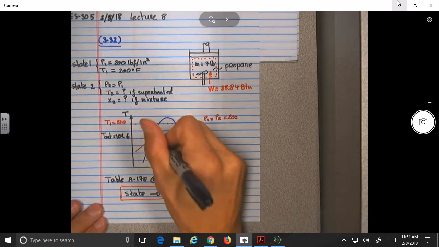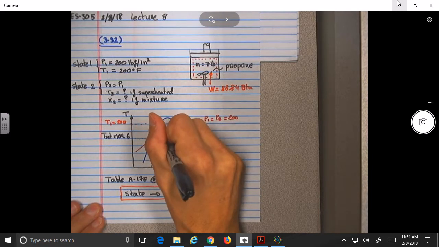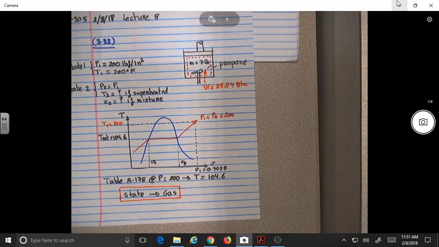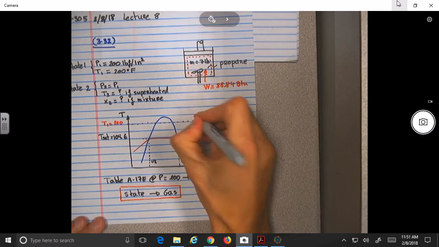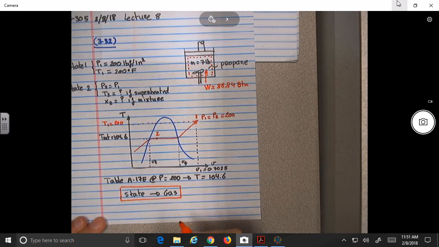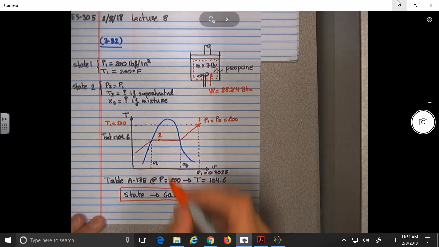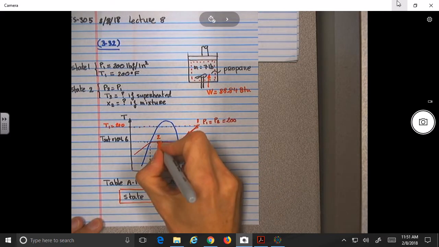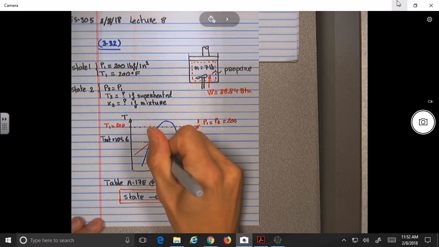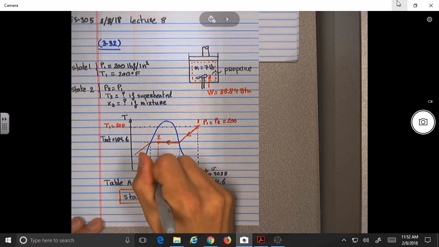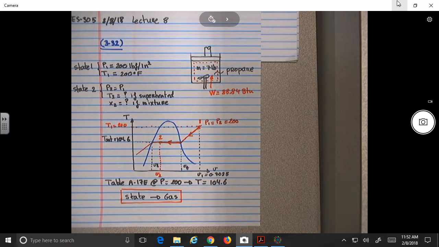I just do it in the middle by convenience because it gives me more space, but let's say if this is 1 over here, our state 2 will be somewhere over here. So the process 1-2 goes through this line up to this point, and over here we know V2.